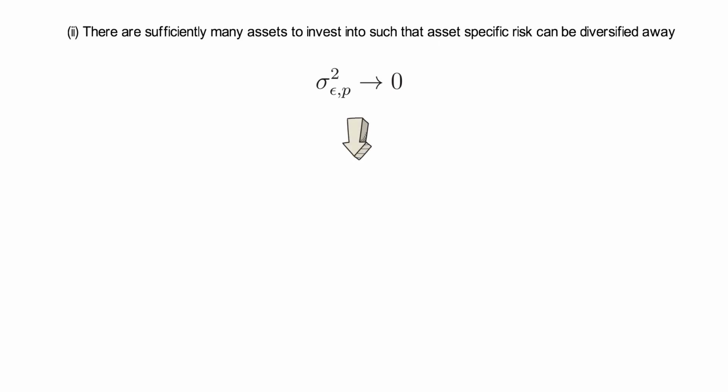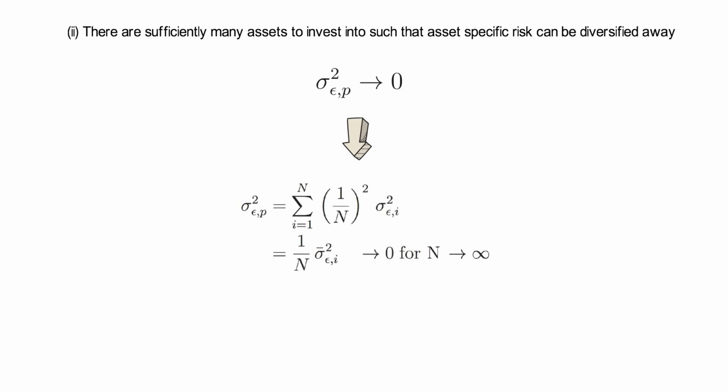Because for the equal weight portfolio, the weight is 1 over n, so sigma square epsilon P will be the sum from i equal 1 to n of 1 over n squared times sigma square epsilon i, which will coincide with 1 over n times the average idiosyncratic risk. And that term goes to 0 if the number of assets n goes to infinity.